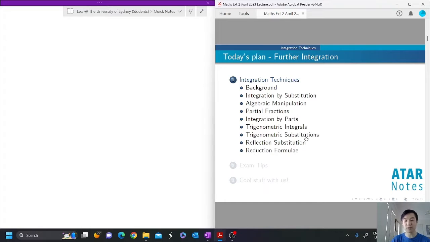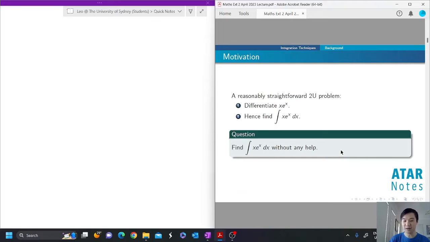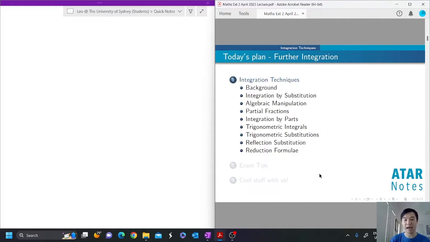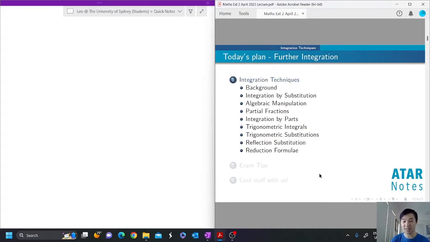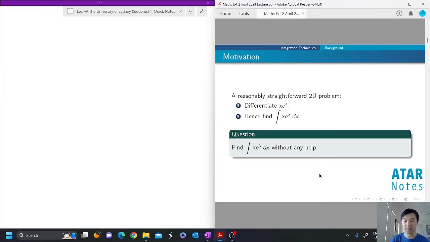Finally, we'll conclude by looking at reflection substitution as well as reduction formulas, which I think are one of the classical Extension 2 staples that you might get in an exam. Afterwards, we'll look at exam tips, if we have time. So let's dive straight into the topics.